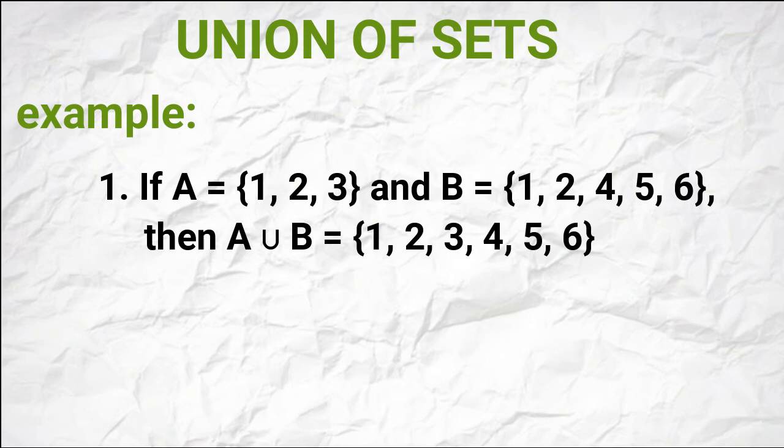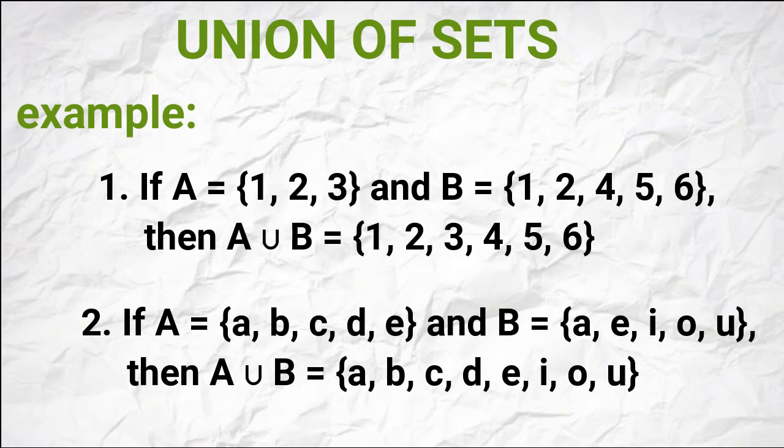Number 2, if A is equal to {a, b, c, d, e}, and B is equal to {a, e, i, o, u}, then A union B is equal to {a, b, c, d, e, i, o, u}.